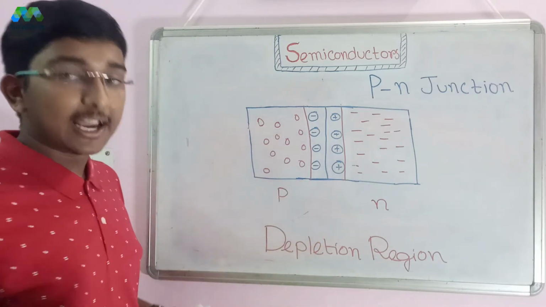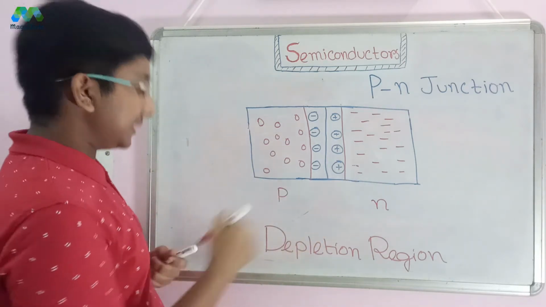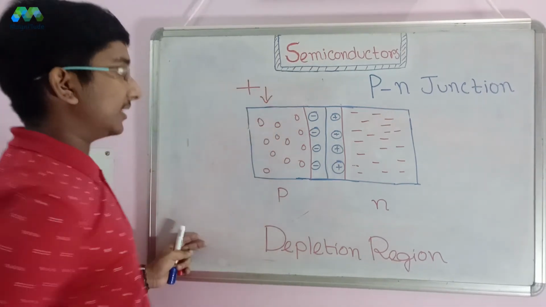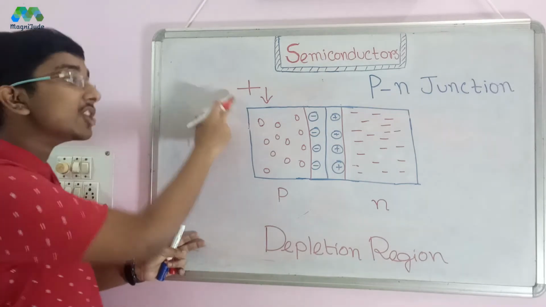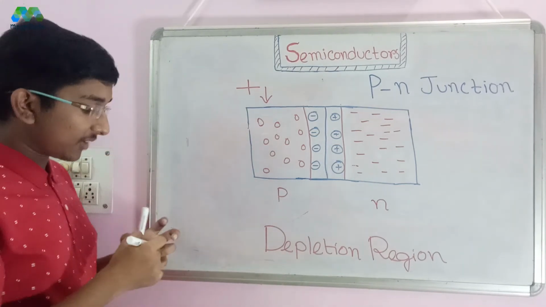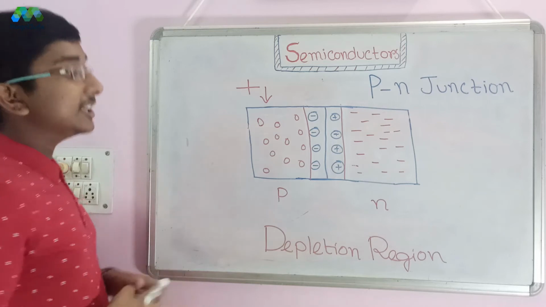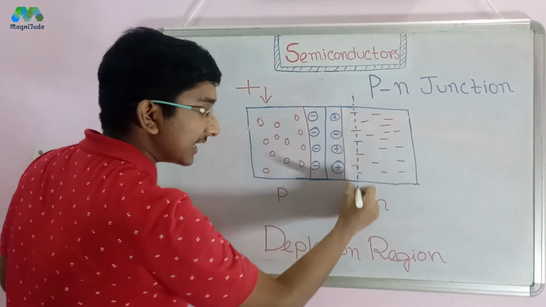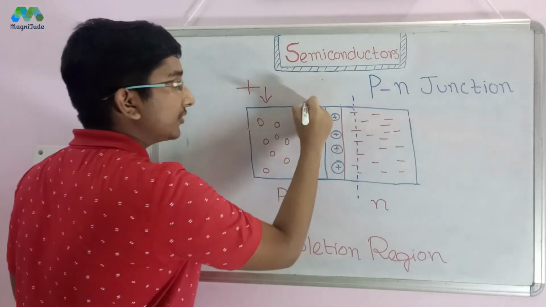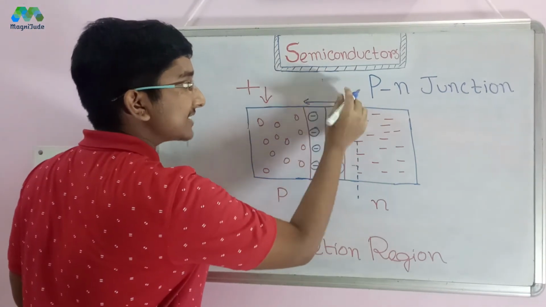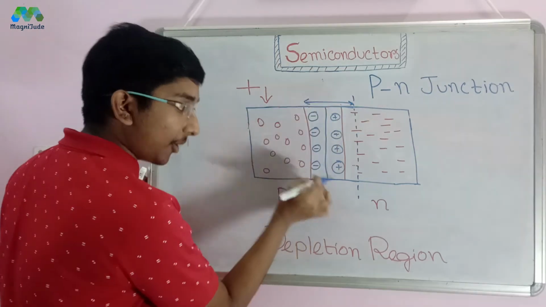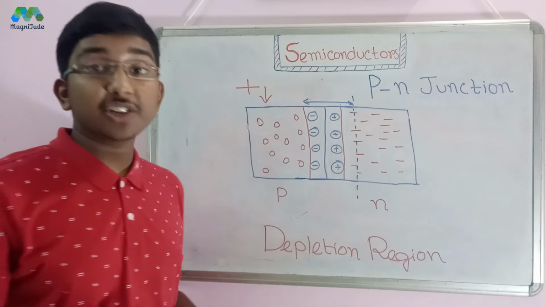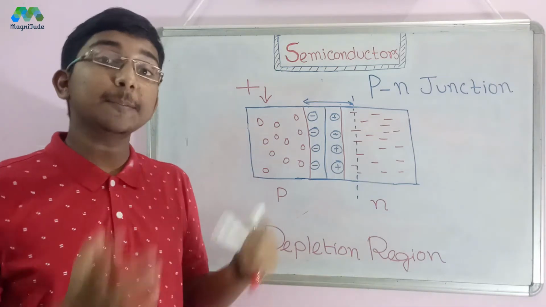What I want to say is, suppose in the P side the impurity is higher, means we have added some extra impurity in the P type, then what will happen? The depletion region will increase in the N side. So the depletion width will be increased, and the N side will have a greater width as compared to the P side. So this is all about the depletion region, the barrier potential and the PN junction.